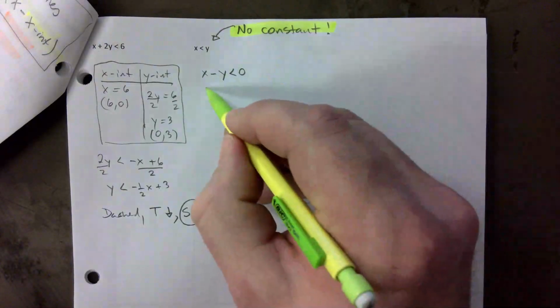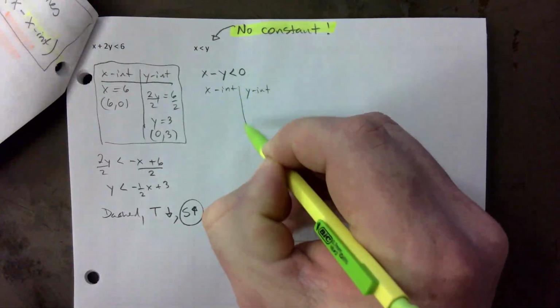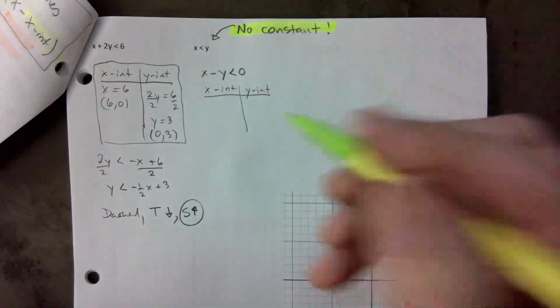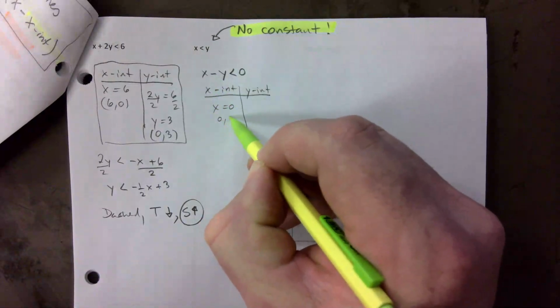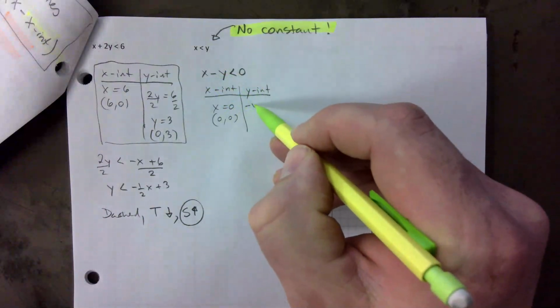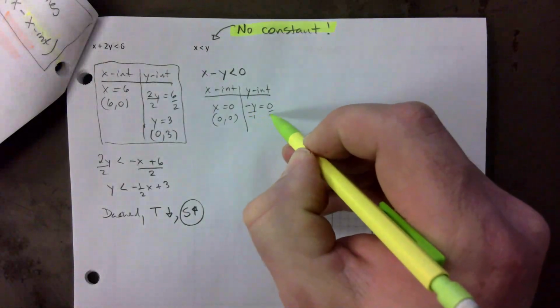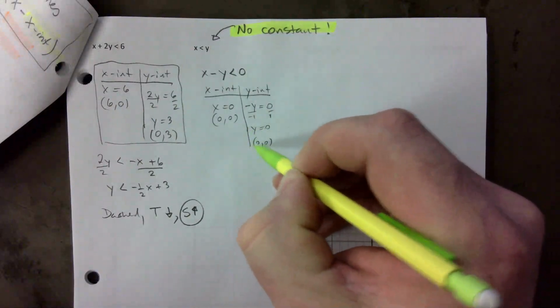Okay. To find your intercepts, I don't know if you've already tried, what are the intercepts here? 0, 0 for both, and that's the annoying part. Because if y is equal to 0, then x is equal to 0, so that's 0, 0. If x is equal to 0, you end up with negative y is equal to 0. Divide both sides by negative 1. It doesn't really matter. y is equal to 0 also. 0, 0.